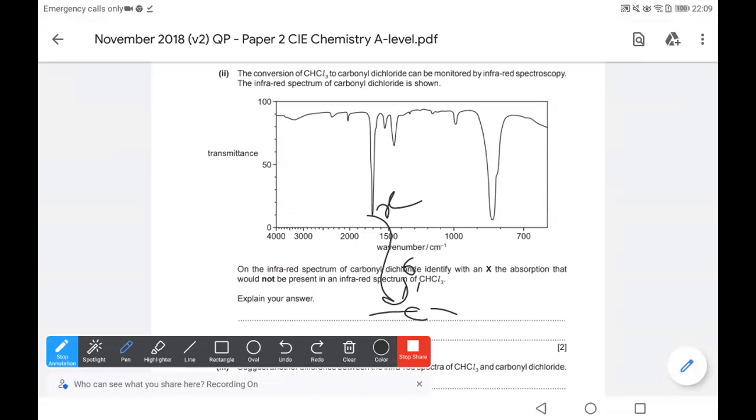In CHCl3 there is no C double bond O, so you can't see it. Even in real formulation chemistry, that is how we check whether the end product has formed, using infrared.